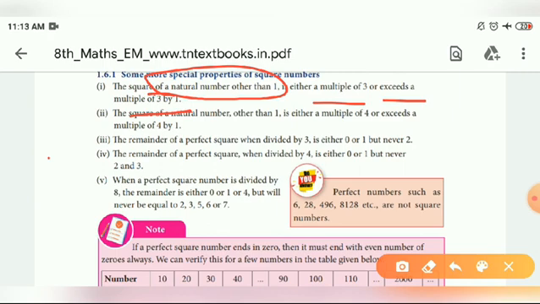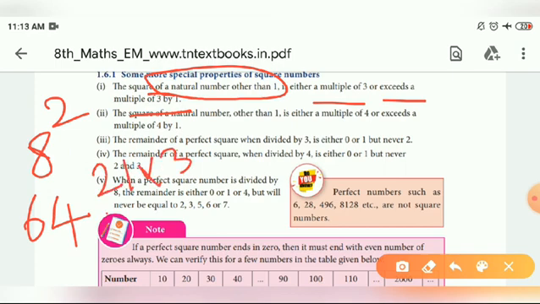If you take any natural number other than 1, for example 8, which is a natural number and not 1, 8 square means 8 8s are 64. Okay, is 64 a multiple of 3? No. Multiples of 3: 21 3s are 63.